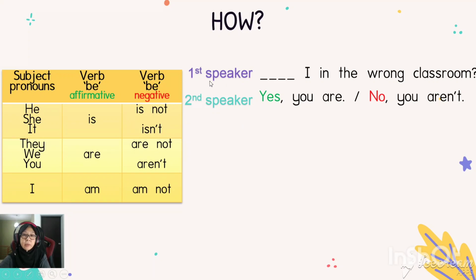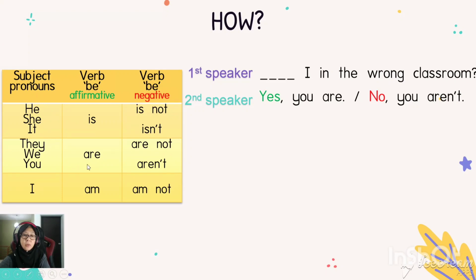Alright, for example, the first speaker: blank, I in the wrong classroom. So, what should you put in the blank here? Is it is? Is it are? Is it am? Let's look at is. Does it match with the subject pronoun he, she, it?